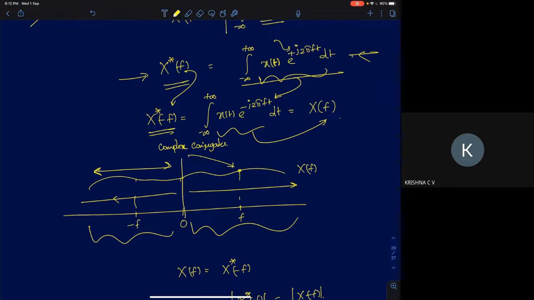This is also a test: if you're given a Fourier transform and its values exhibit complex conjugate symmetry, then you know this is the Fourier transform of a real signal. It looks like a very simple property, but it's very useful.